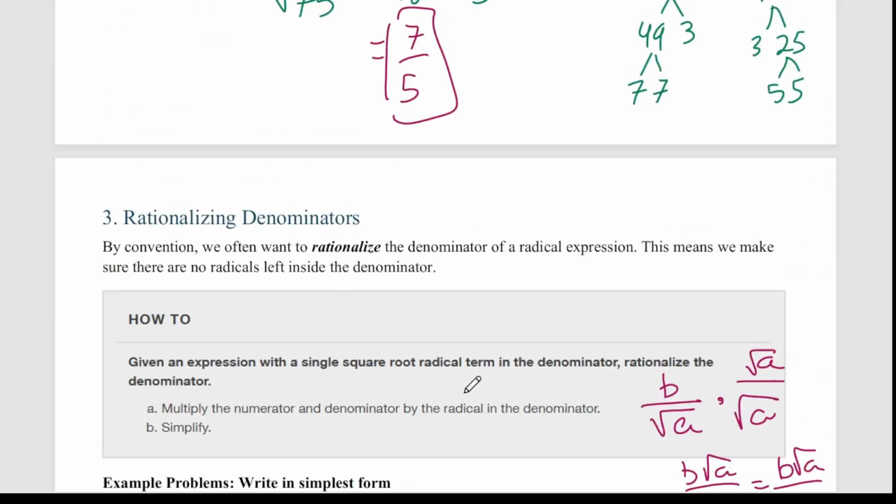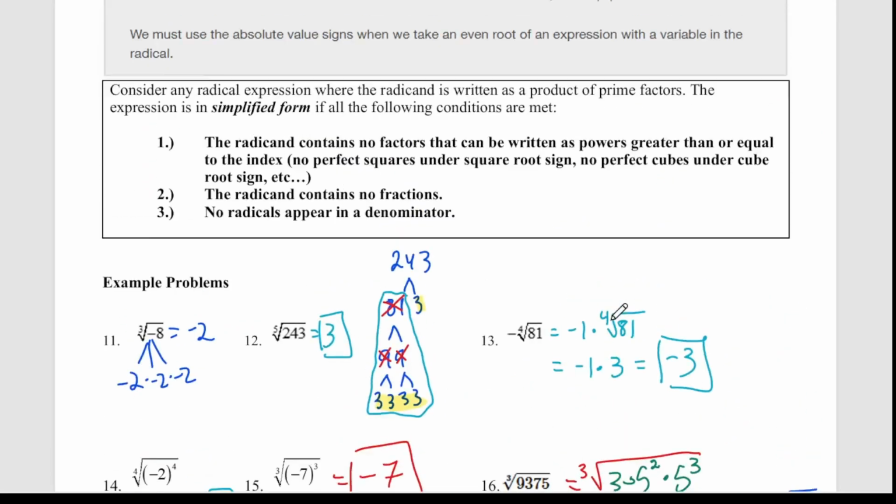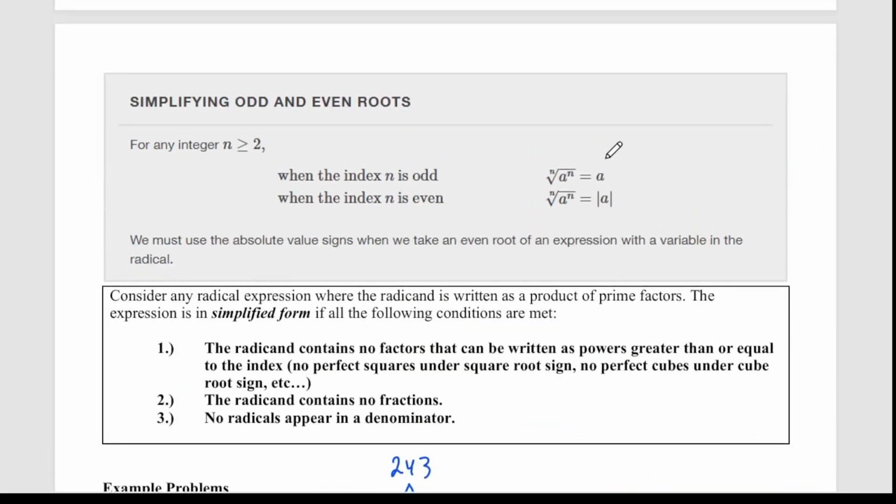So just to recap a little bit, it can always be a strategy to totally prime factorize. And whenever you're doing prime factorization, you want to keep this in mind, that whenever I have the index and the root matching, if that index is odd, then those will directly just cancel out to leave us with the number.